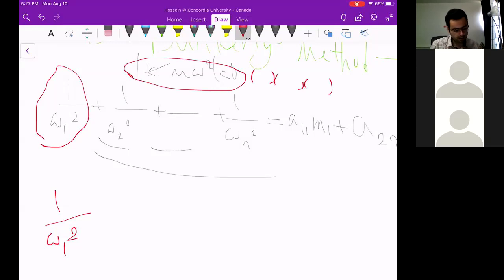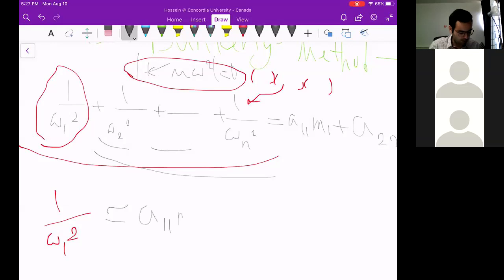There is a technique: multiplication to a summation. The first natural frequency, omega 1, is the lowest natural frequency. 1 over omega 1 squared is the greatest term on the left hand side. That's why you could neglect the rest of the terms, and the left side, 1 over omega 1 squared, is approximately equal to A11 M1 plus A22 M2 plus and so on.